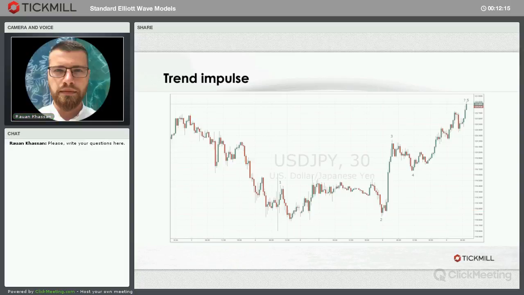So the beginning of wave 1 is marked here, and the bottom of wave 2 goes above 119.80. So clearly on the chart you can see that wave 2 doesn't go below the beginning of wave 1. So the first rule is completed correctly.